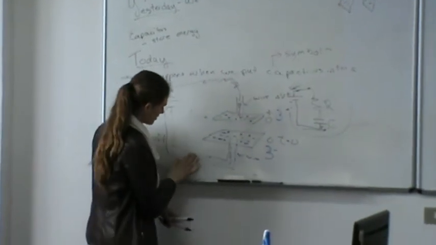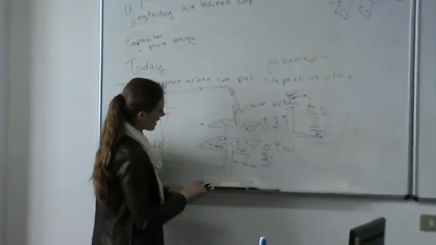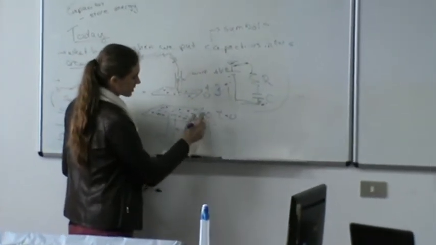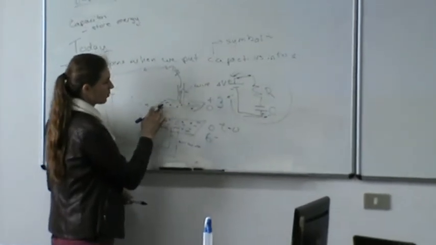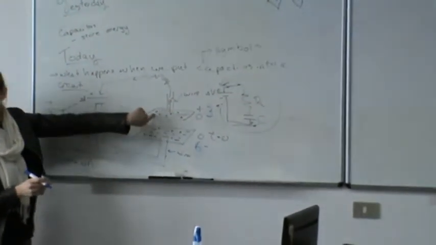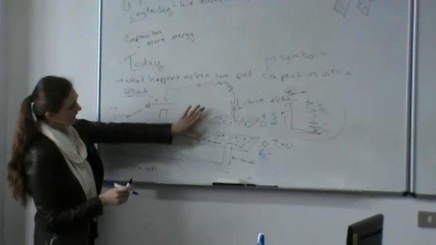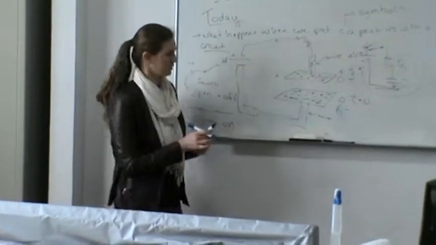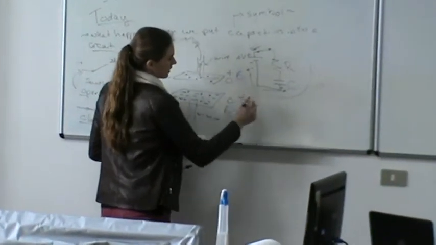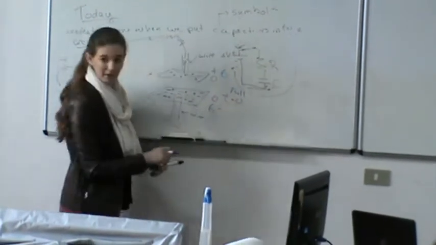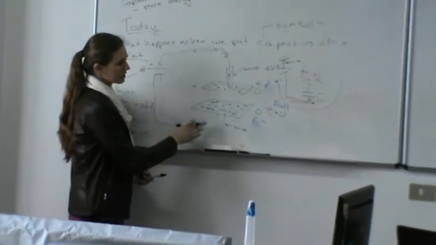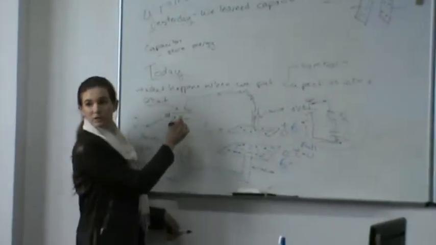And eventually we have 6 negatives, and no more, and then we have only positives over here, right? So when this happens, the capacitor is full, right? Now it's plus 6, and the capacitor is full, right? So we see that until the capacitor is full, electrons are still flowing to the battery.